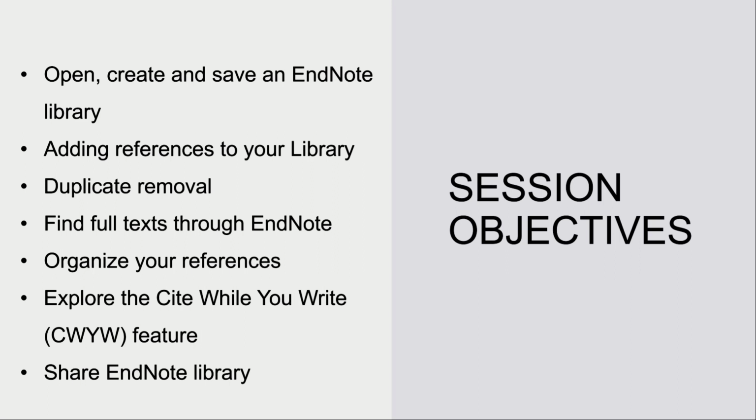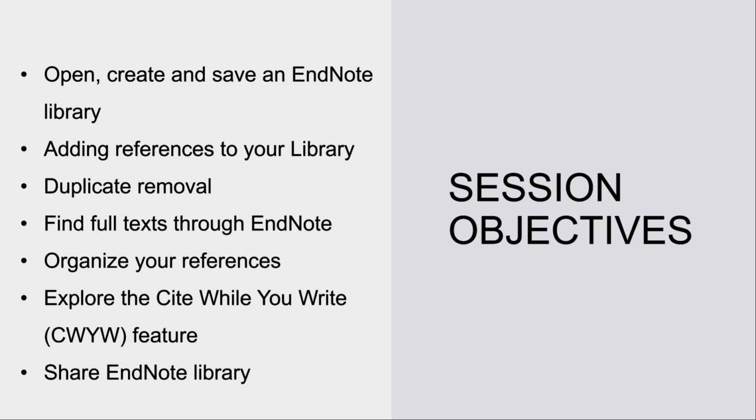By the end of today's session, you will learn how to open and save an EndNote library, ways of bringing references to your library, how to remove duplicates, find full text through EndNote, organize your references by creating groups, explore the Cite While You Write feature, and at the end, if we have some time, we will have a small talk about sharing your library.